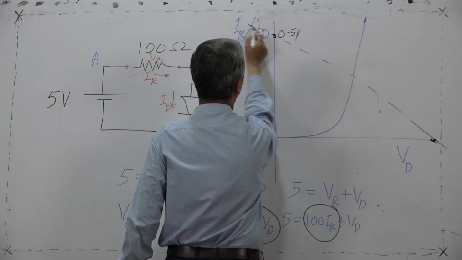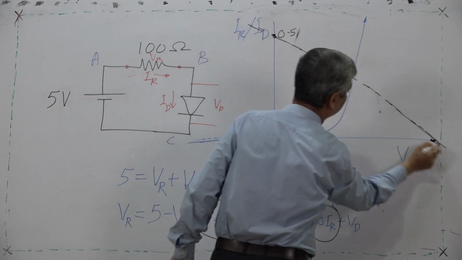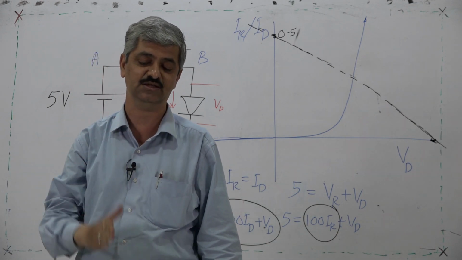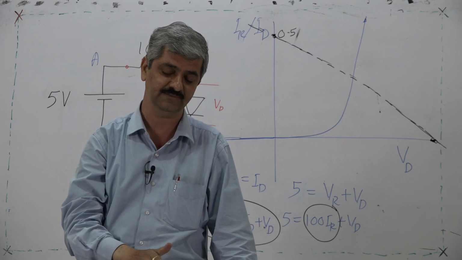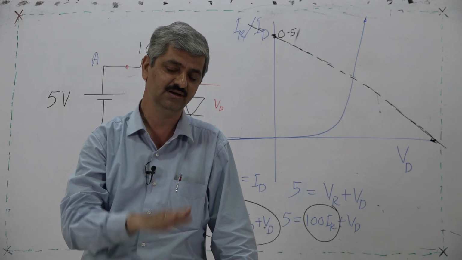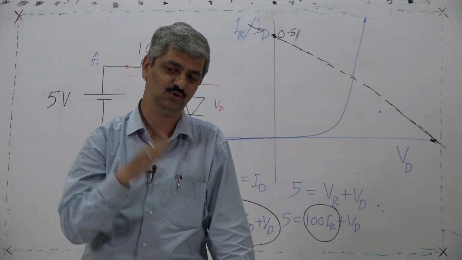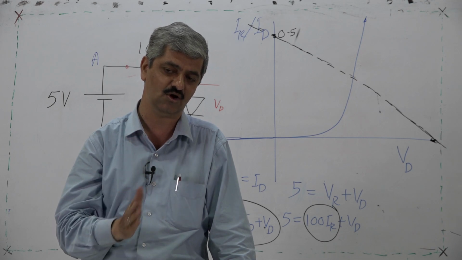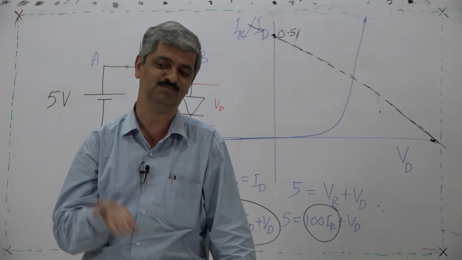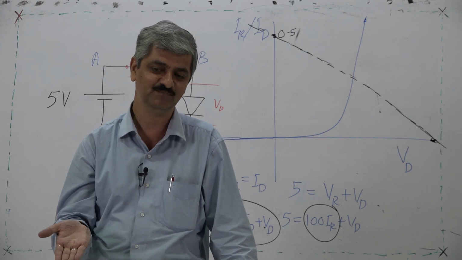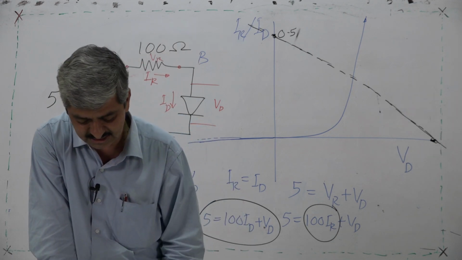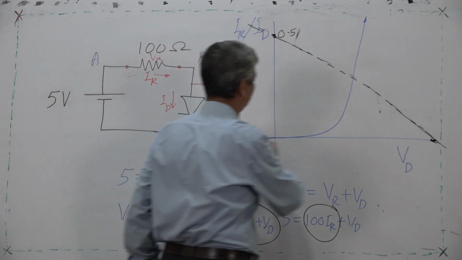This is the line. So, this resistance requires a certain restriction on the voltage across it and the current through it, meaning the current through the diode. So, the resistance requires a certain restriction on diode current and resistor voltage. But what is the resistor voltage? Resistor voltage is 5 minus diode voltage, 5 is fixed. Listen very carefully: this is the restriction which the diode wants to put on ID and VD.